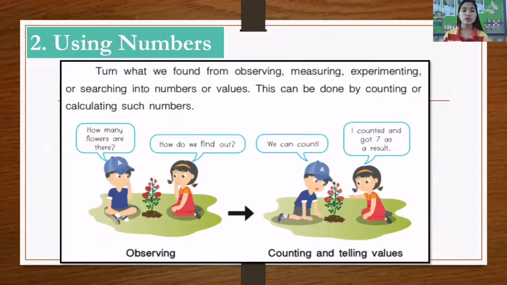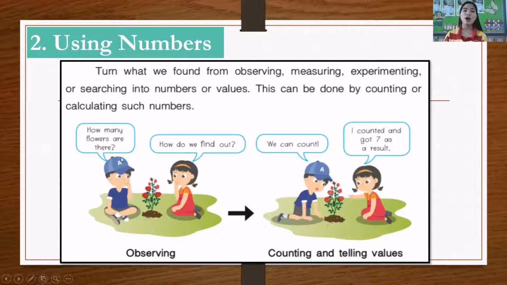After you measure the flower, you are going to record the counting numbers. You turn what you have found from observing, measuring, experimenting, or searching into numbers or values. This can be done by counting or calculating.